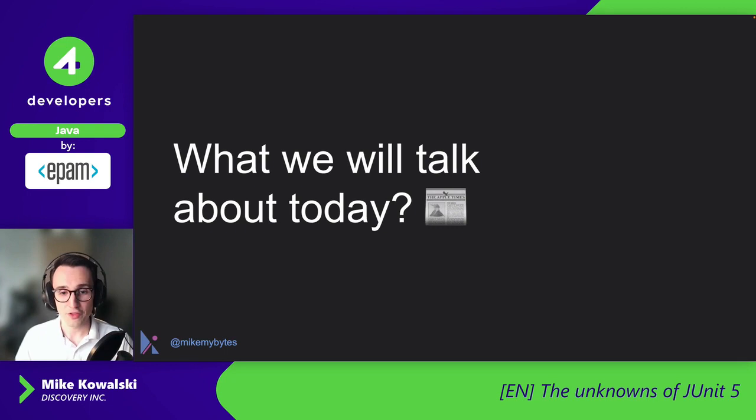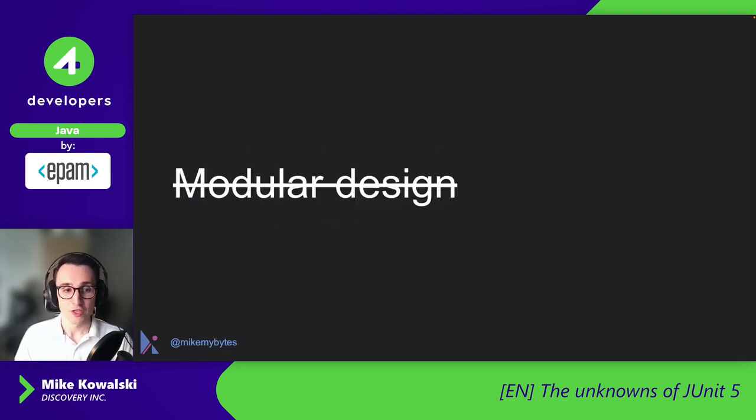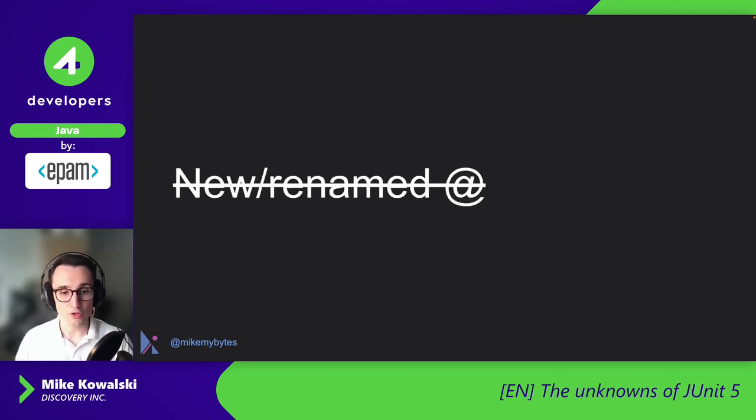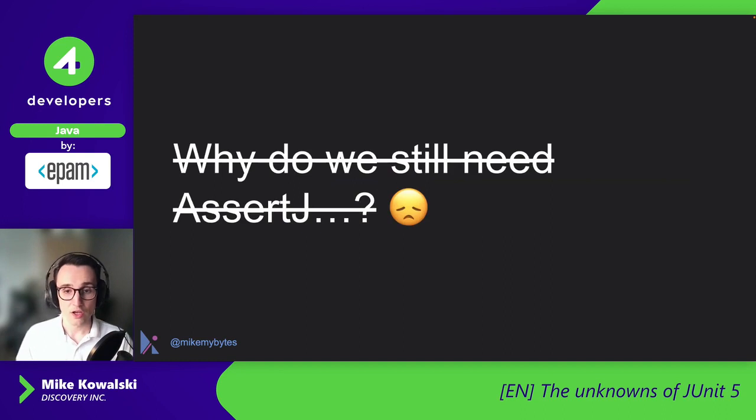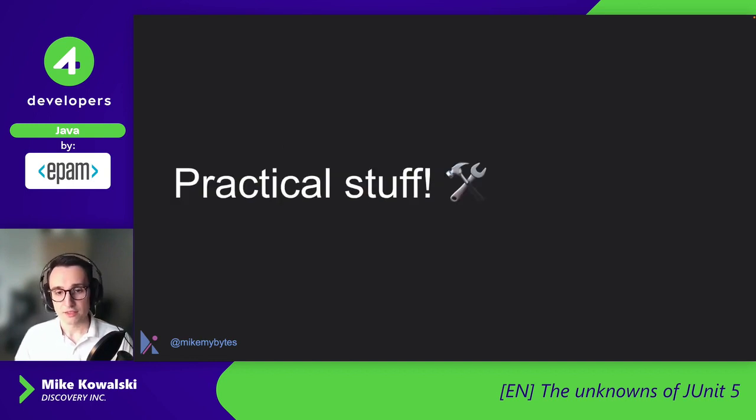So what I would like to talk about. Let me start with the things that I don't want to talk about. I don't want to focus too much on the JUnit 5 modular design, comparing the new and renamed annotations, or why the built-in set of assertions is still not good enough for me. Instead, I would like to show you some really practical stuff, the things I consider useful in my everyday coding.